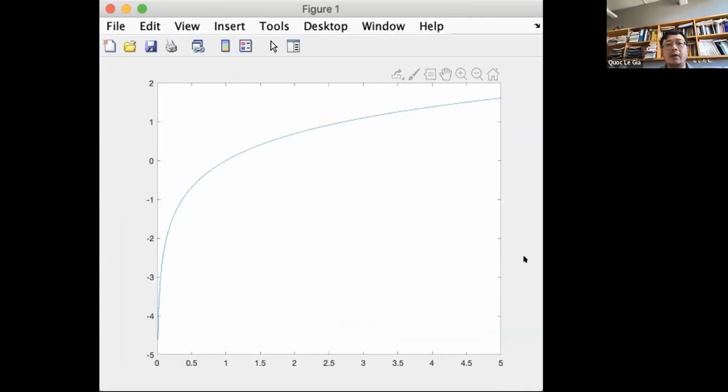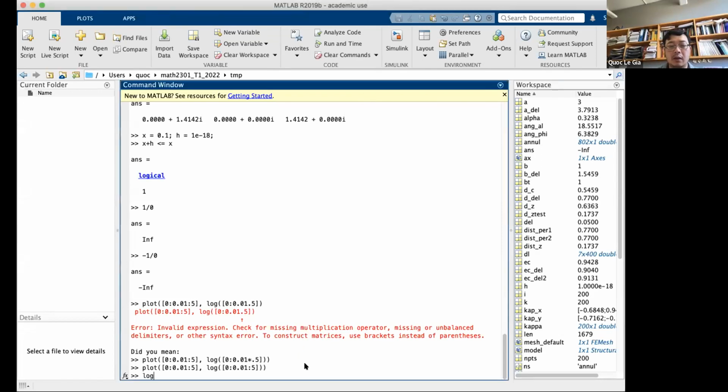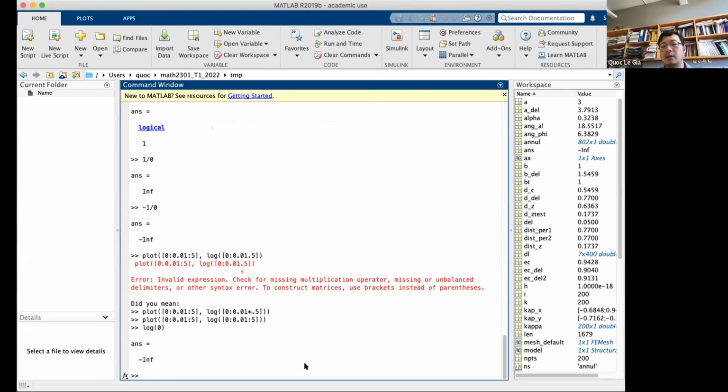When x goes to 0, the logarithm actually goes to minus infinity. So logarithm of 0 should be minus infinity.